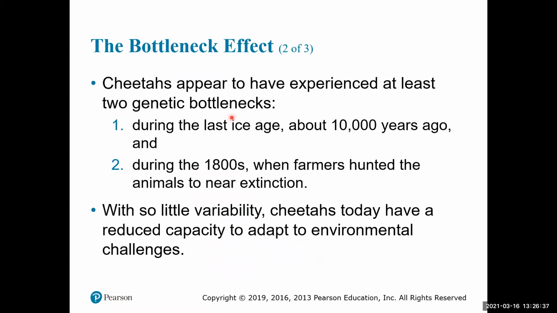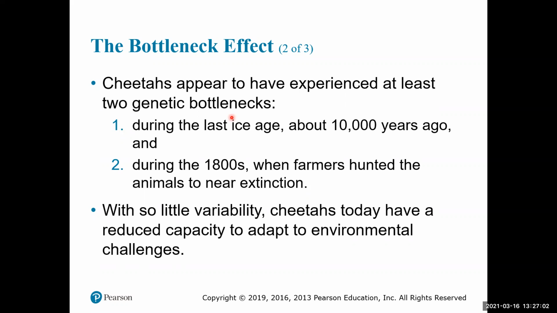And there are lots of species around the world that have experienced the bottleneck effect. One of those is cheetahs. About 10,000 years ago, during the last ice age, we think they experienced a bottleneck, and that was extirpated even more whenever hunting happened in the 1800s to almost bring them to extinction.